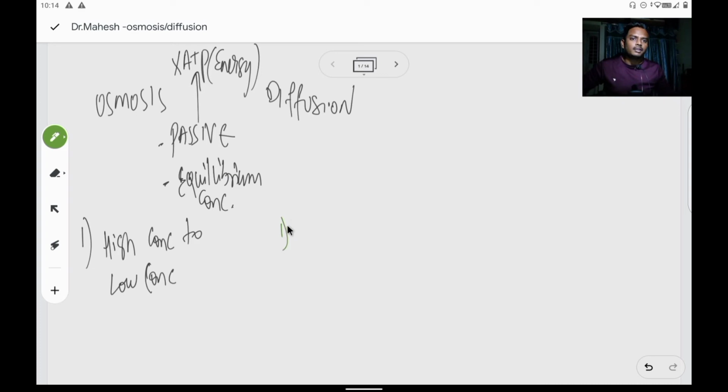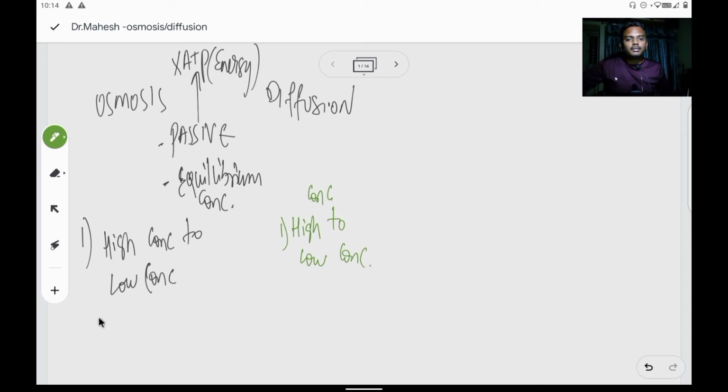Coming to diffusion, they write high concentration to low concentrated solution.